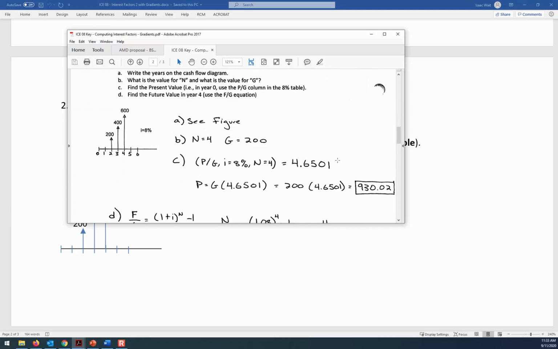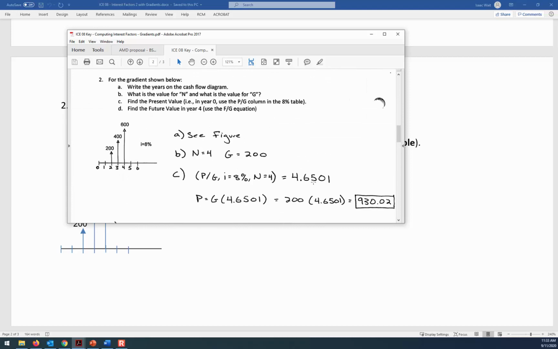So when you take the factor and multiply it by the known $200, the value of the gradient, that is where $930.02 comes from. And this time we can be accurate to the nearest penny because there are 1, 2, 3, 4, 5 digits of precision in our factor, and so then that's $930.02. So that's 5 digits of precision as well.